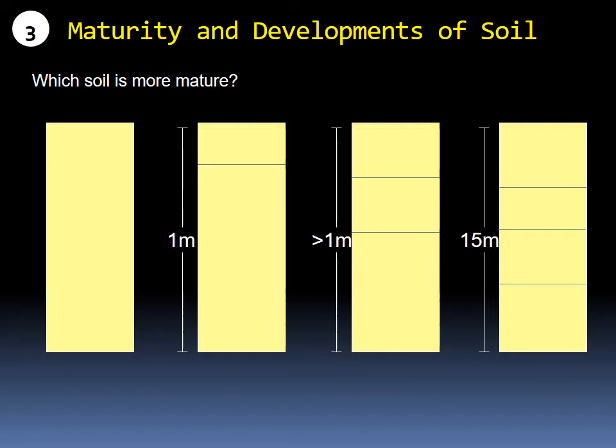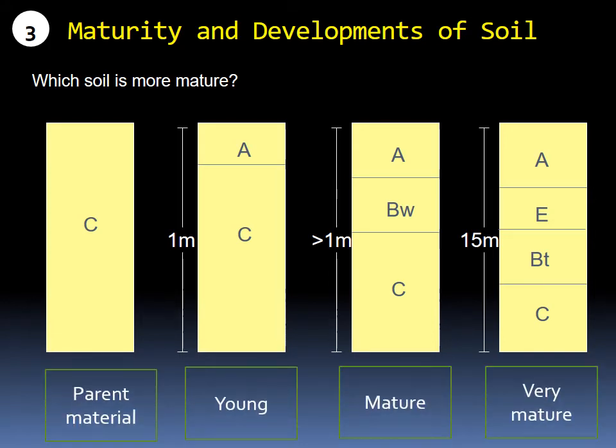So if I ask you a question, which one of these profiles is more mature? Well, the number of layers can indicate for you one thing. But the most important thing that will tell you the maturity is basically the profile development. So you would see that the profile with more horizons is more mature than the one with only one horizon.